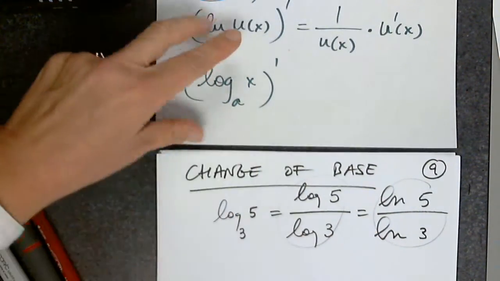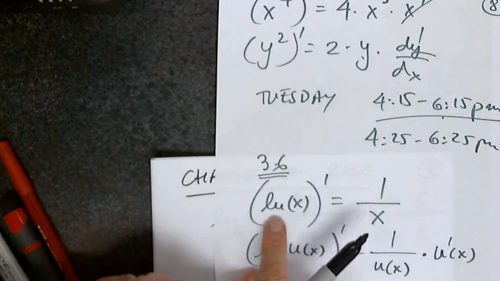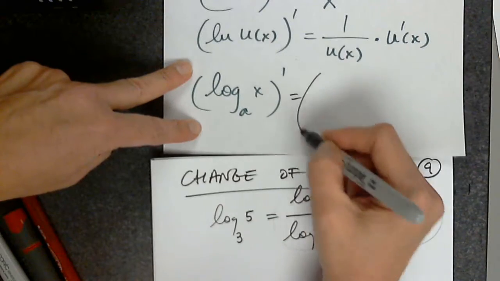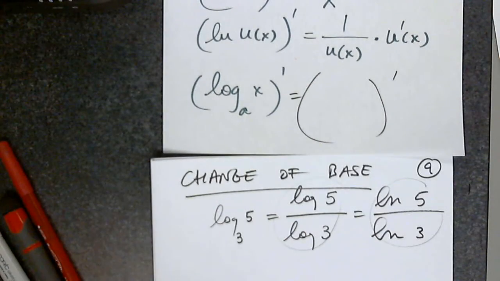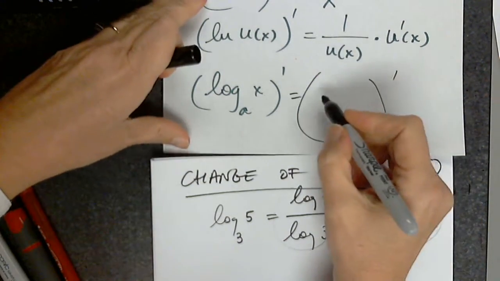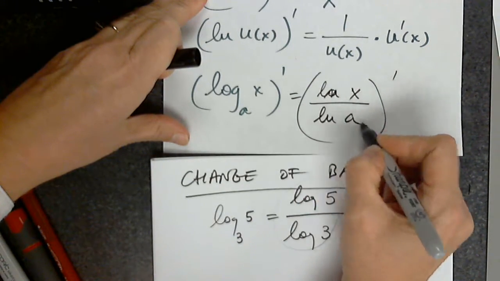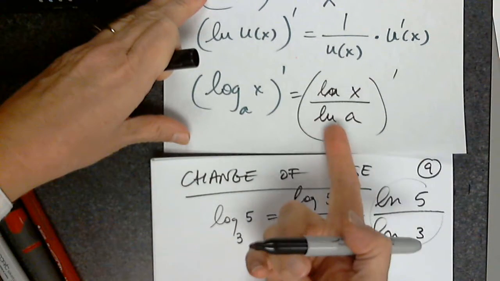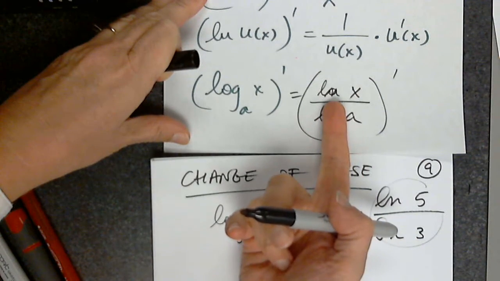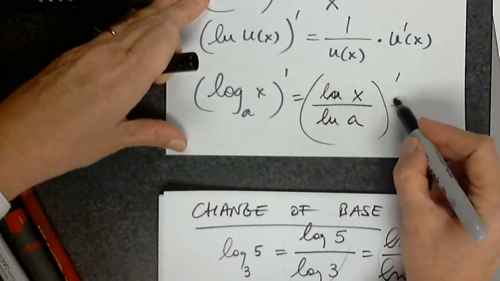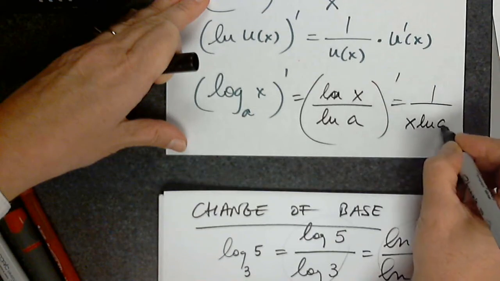I would like to use this because I already know natural log x prime. So can you translate this into base natural log, base e? Excellent. Natural log of x over natural log of a. Good. So now this is a constant. All I have to do is differentiate that, which I have. It's right here. So the answer would be 1 divided by x times natural log a.